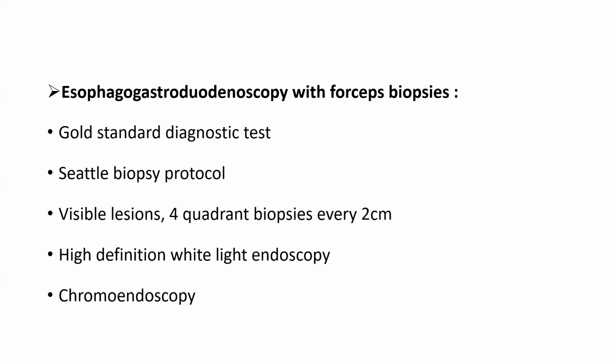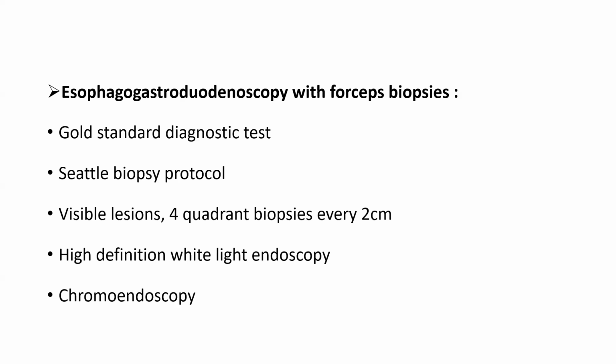And the Seattle biopsy protocol is for segments greater than 4 centimeters long, which involves biopsies taken from visible lesions, followed by 4 quadrant biopsies every 2 centimeters, and every 1 centimeter if dysplasia is suspected or known to be present.